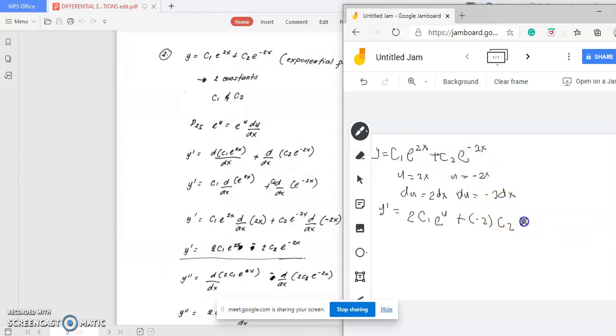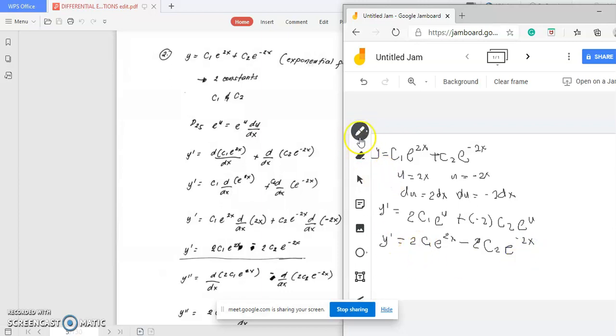Then your u here is negative, so you still have e to the u. From there, you could have y prime equals 2c sub 1 e to the power of 2x minus 2c sub 2 e raised to the power of negative 2x.